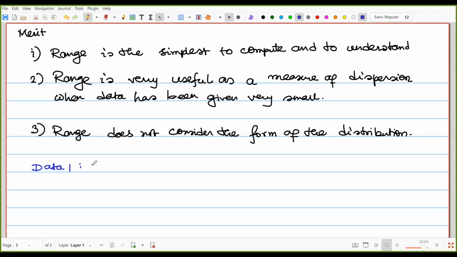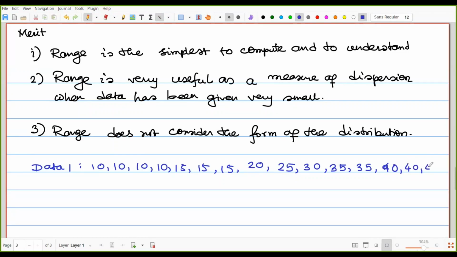Set 1: 10, 10, 10, 10, 15, 15, 15, 20, 25, 30, 35, 35, 40, 40, 40.